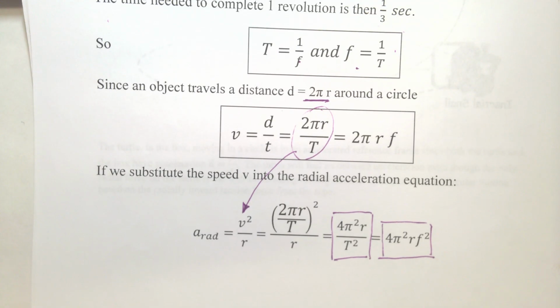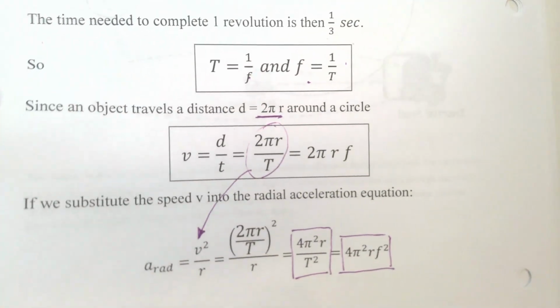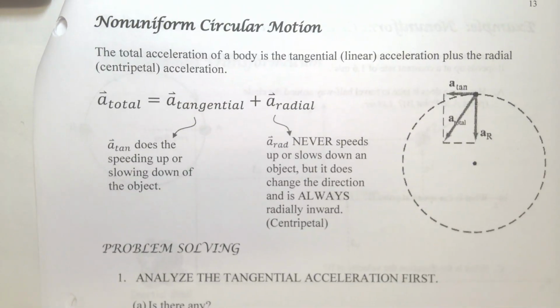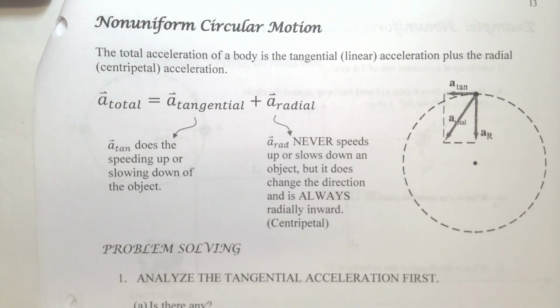Right? So what happens when things are not going at a nice constant speed, when things are going in a circular motion? So far we only learned about uniform circular motion, when things were going at a constant speed.